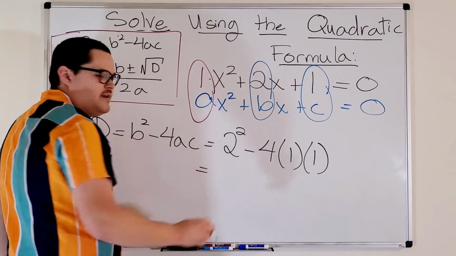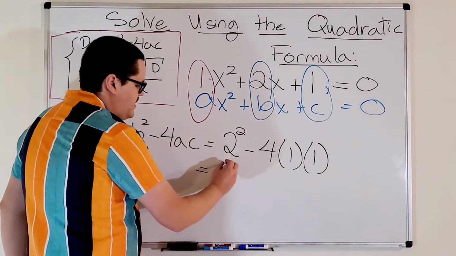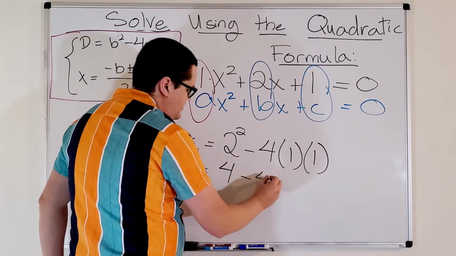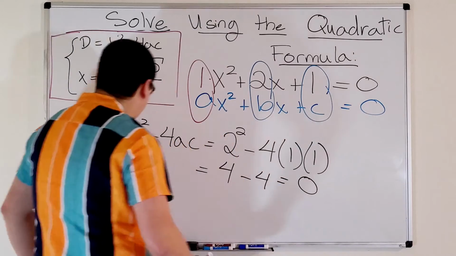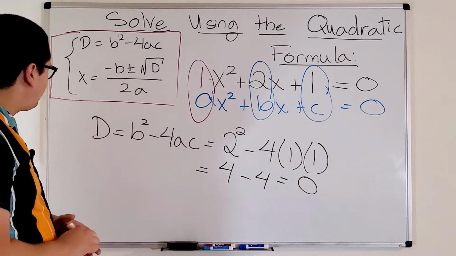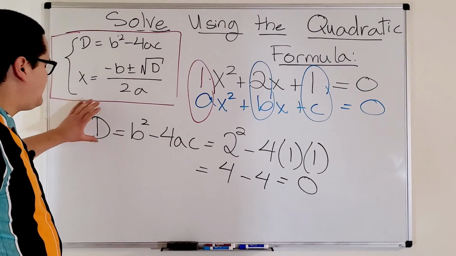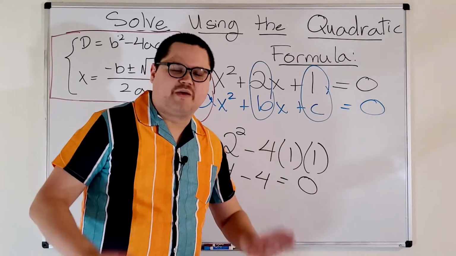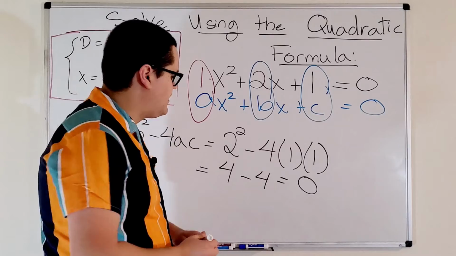So 2 squared is 4. 4 times 1 times 1 is 4. So 4 minus 4 is 0. Okay, so remember what happens when the discriminant D equals 0? That means there's a repeated real root.